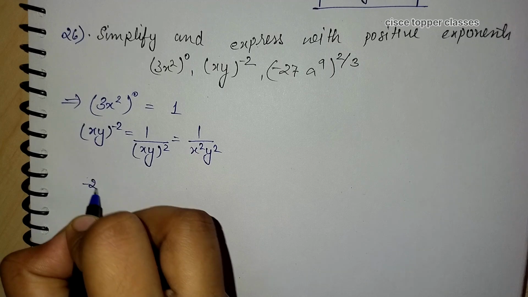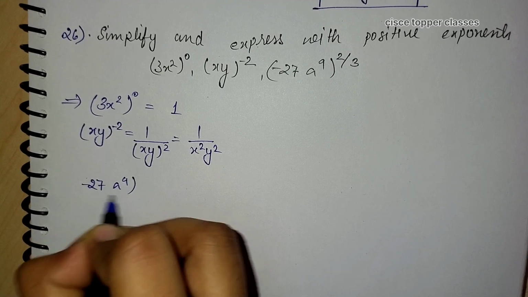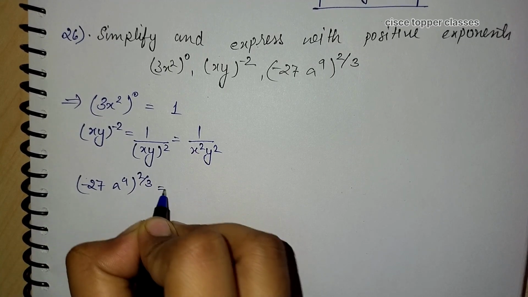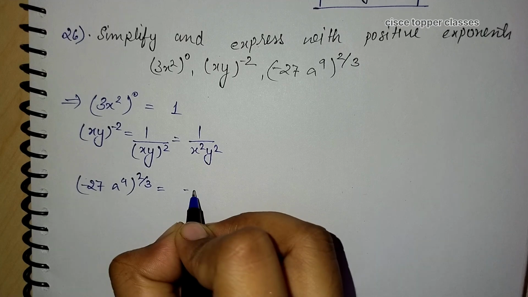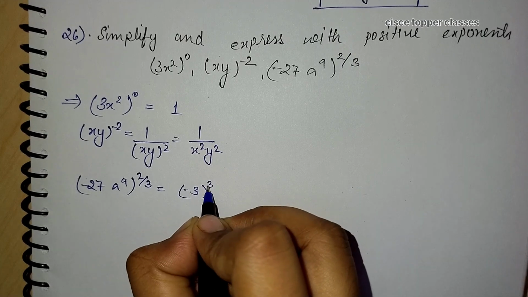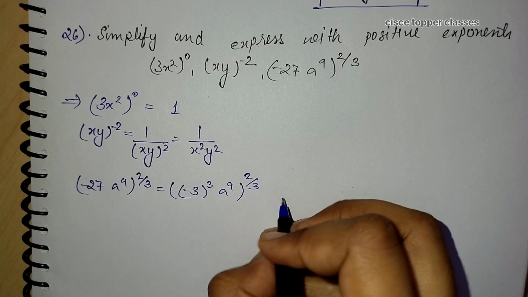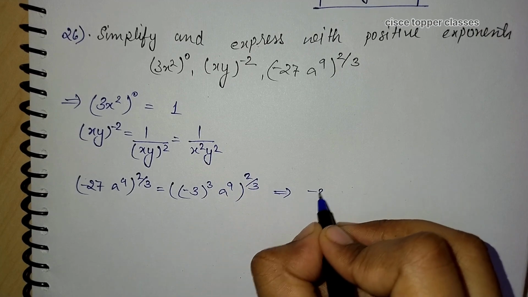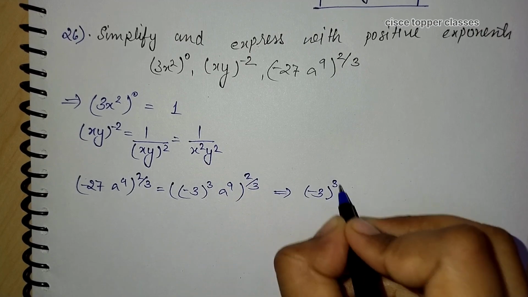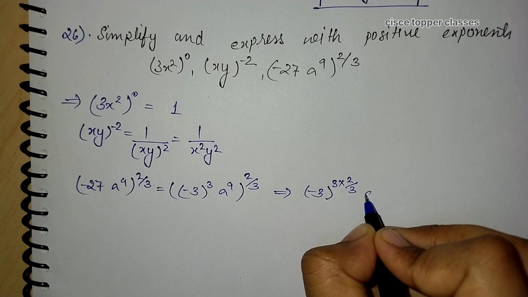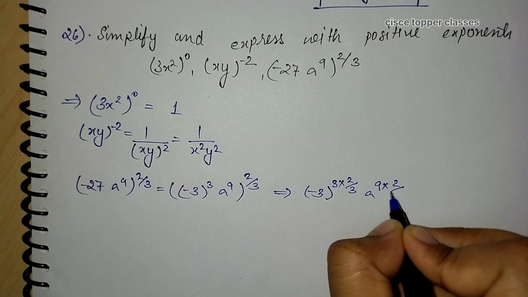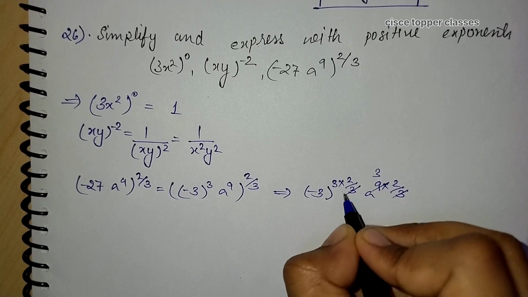Now the third part is (-27a^9) whole power 2 by 3. We can firstly simplify it as (-3^3 a^9) whole power 2 by 3. We will open the bracket here. So on simplifying this part, (-3) whole power 3 into 2 by 3, a to the power 9 into 2 by 3. We can simply cancel out this part.